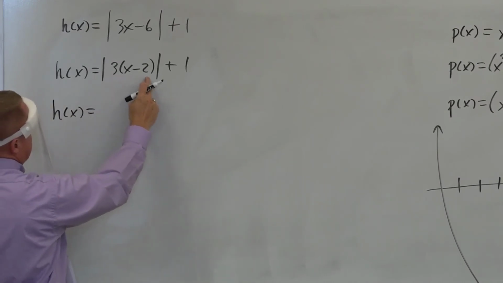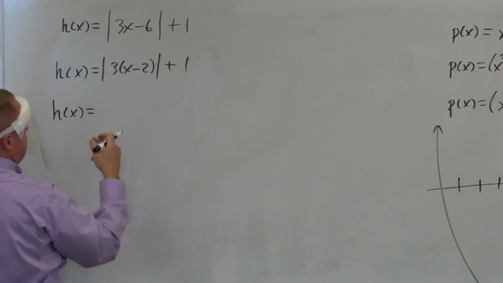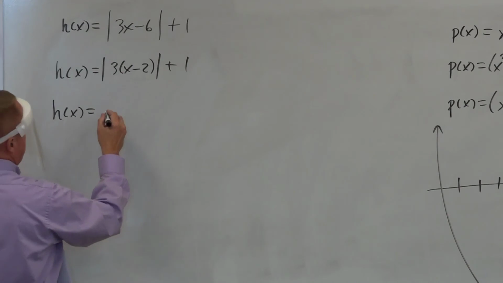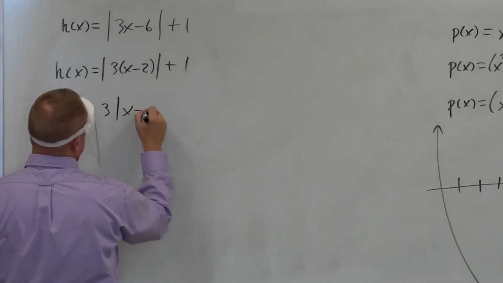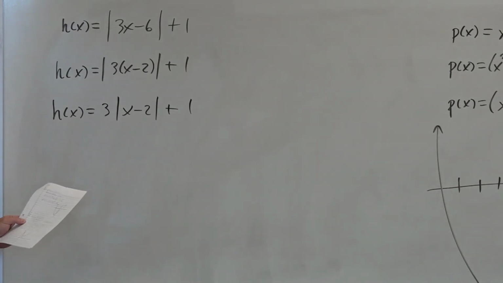If I've got 3 times x minus 2 in the absolute value, then the absolute value of 3 times the absolute value of x minus 2 is the same thing. So I can rewrite that as 3 times absolute value of x minus 2 plus 1.